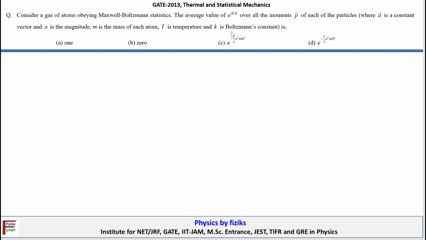Okay, so for the expectation value, we will make use of the definition of the expectation value of a physical quantity. Here that physical quantity is exponential iota a dot p.